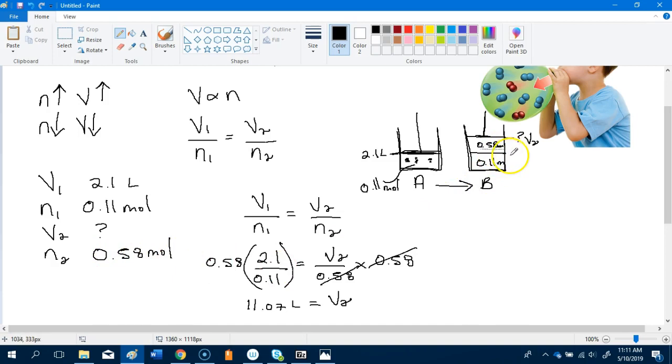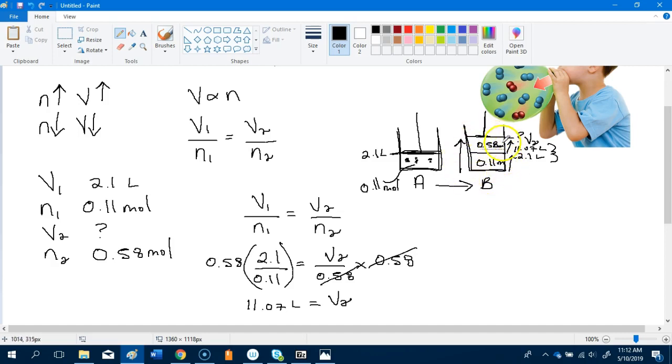But you have to remember that we started with 2.1 liters of gas, and now we're adding on to that another 11.07 liters of gas. So for the final amount in the cylinder, we have to add these two together, because that 11.07 liters is for the extra 0.58 moles of new product.